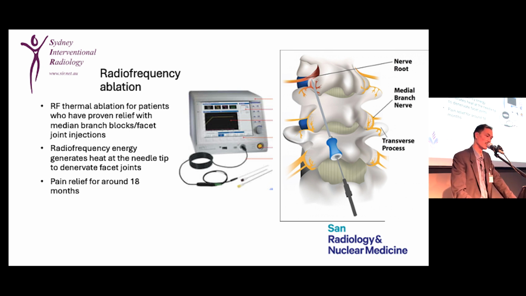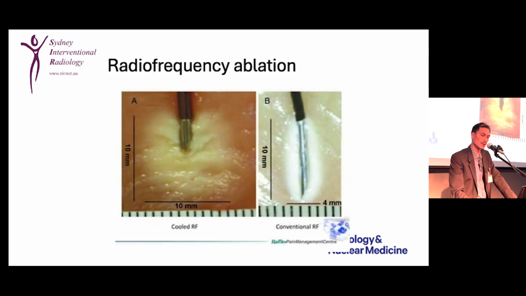So that machine in the middle, that's the ablation machine, and the needles are placed right at the medial branch. It's thought to provide pain relief for up to around 18 months, after which time the nerve will regenerate. This is the tip of the ablation probe, which shows the typical ablation zone. We generally use the one on the left, which is the cool RF, allowing for a 10 millimeter ablation lesion.